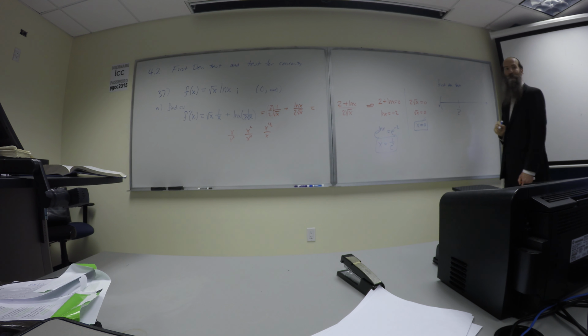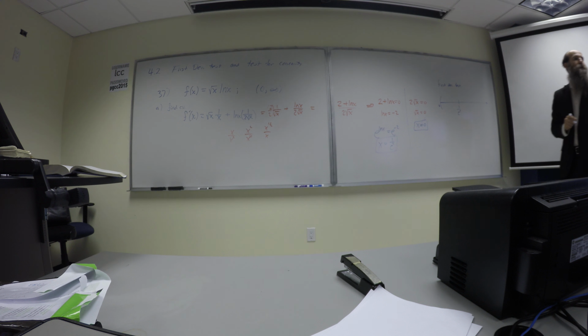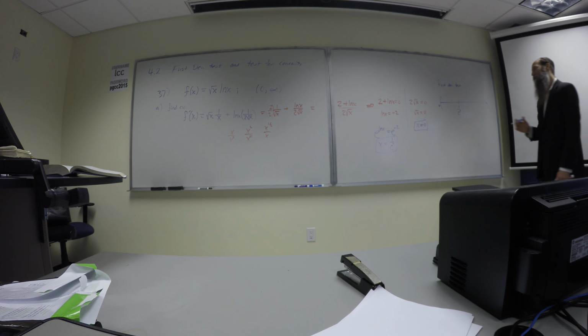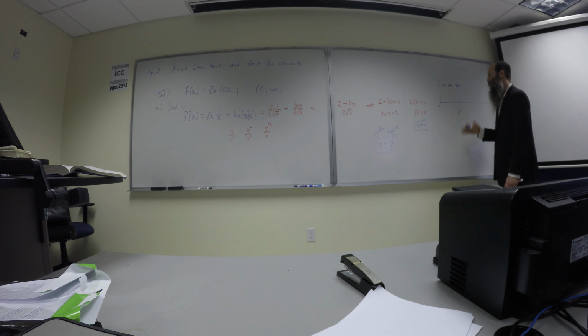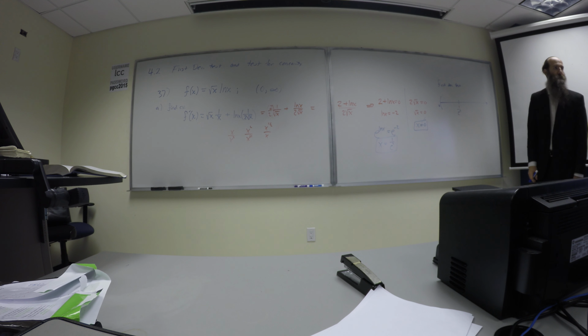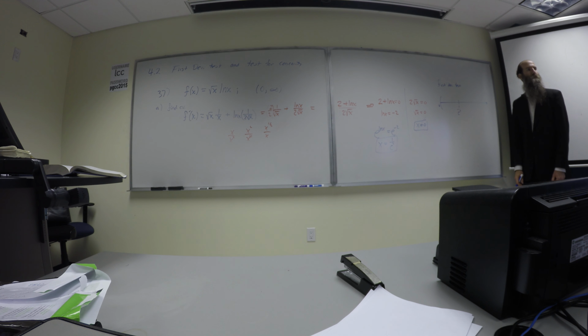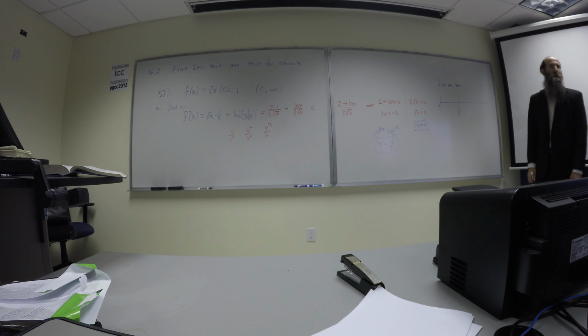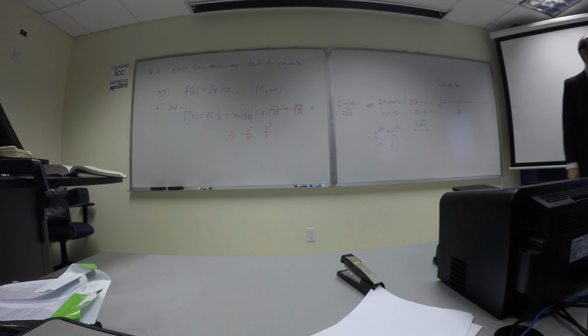That looks like a good place for it. Now we have to check two locations: before 1 over e squared and after 1 over e squared. But we can't pick negative numbers or 0. So 1 over e squared is a proper fraction. It's not really a fraction, but it's a number between 0 and 1.